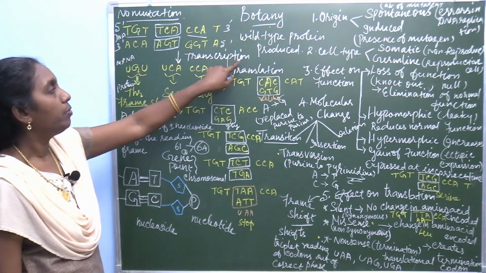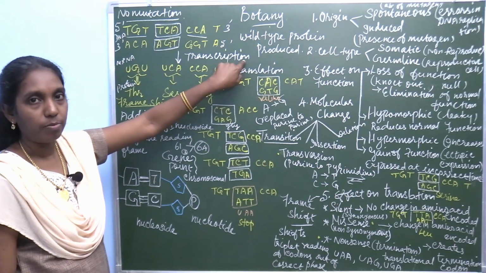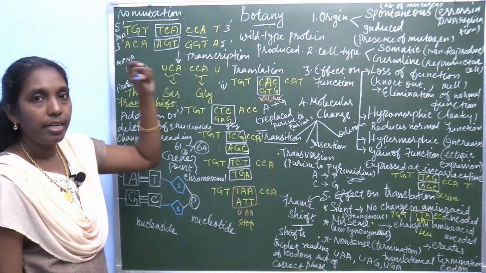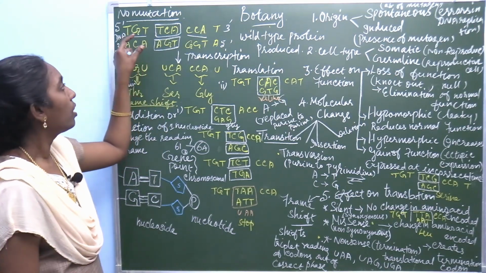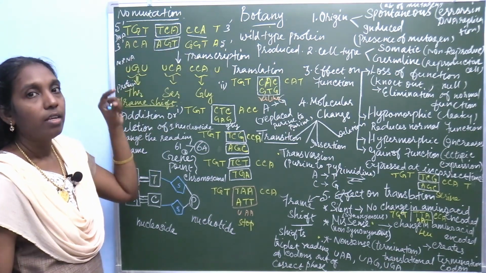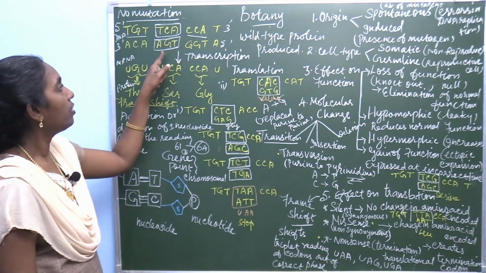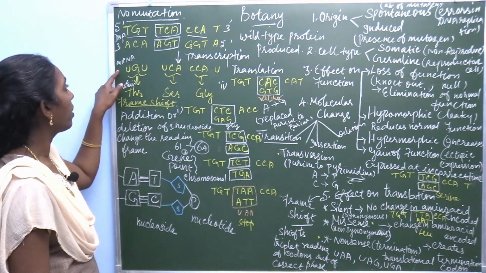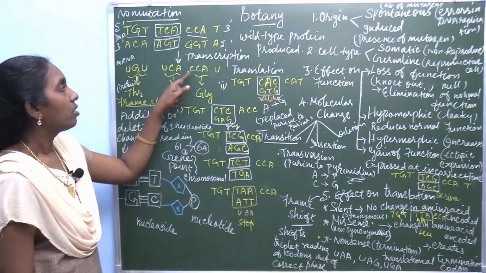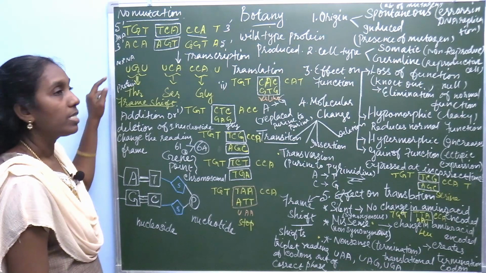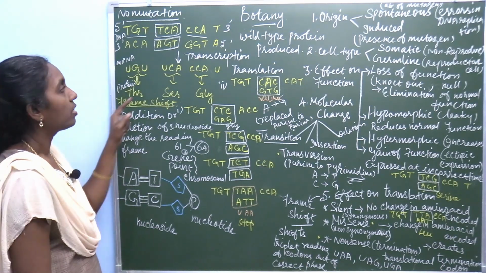What is the process of transcription? In DNA the messages are in the form of coded language that can be transcribed. The message from DNA is transcribed by mRNA, messenger RNA. Then translation: the triplet code is identified and the transcribed message is translated into amino acids, threonine, serine, glycine.